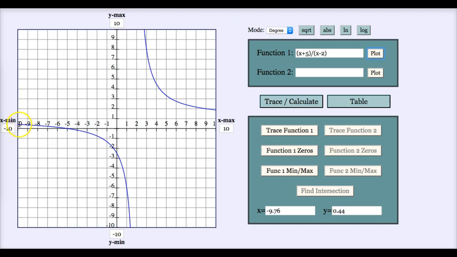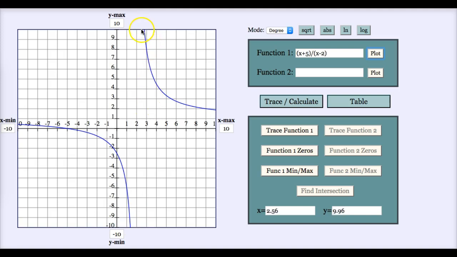And so I can see that my graph is less than 0, probably starting around this point right here, around -5. Then it stays less than 0 until, I don't know, around 2. And then at 2, it does this weird thing. We call it an asymptote, where I've got this line that I can't touch on my graph.